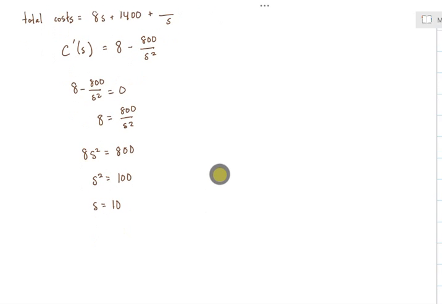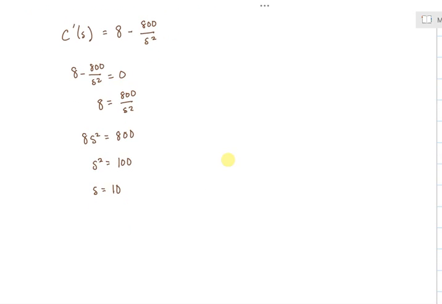Now I have to make sure this is a minimum and not a maximum somehow. That would make my problem a little bit messed up. So we'll do it like this. C double prime of S. The 8 is going to go away. I have 1,600 over S cubed. This is clearly positive as long as S is positive.